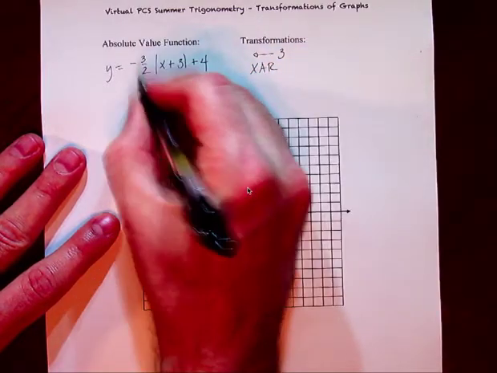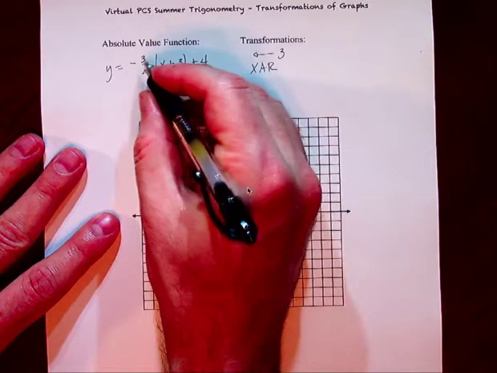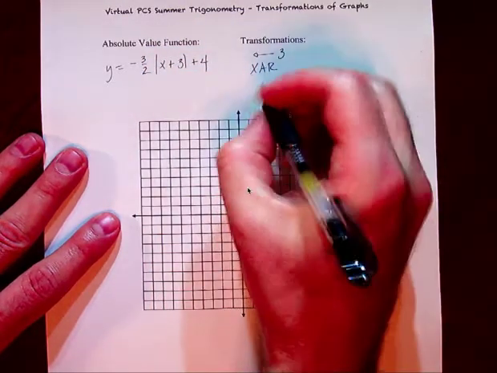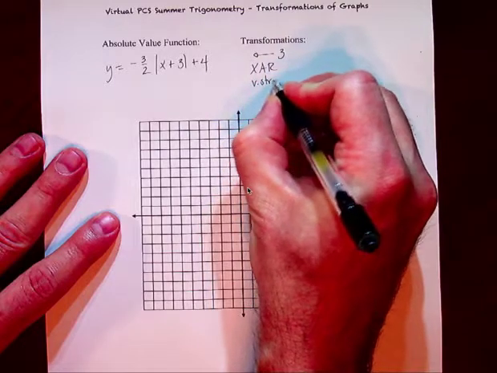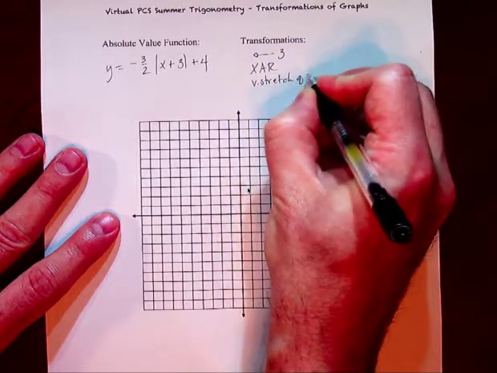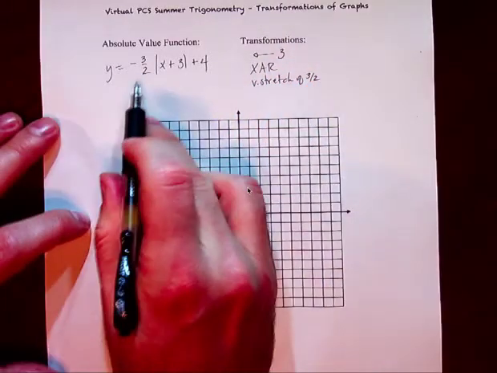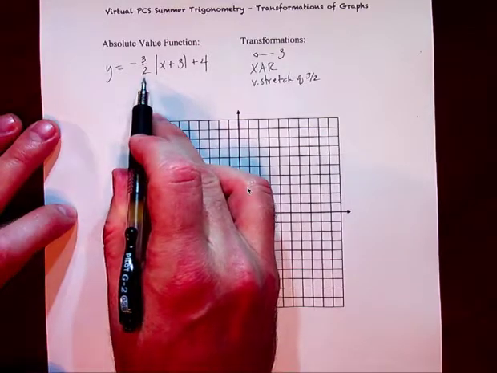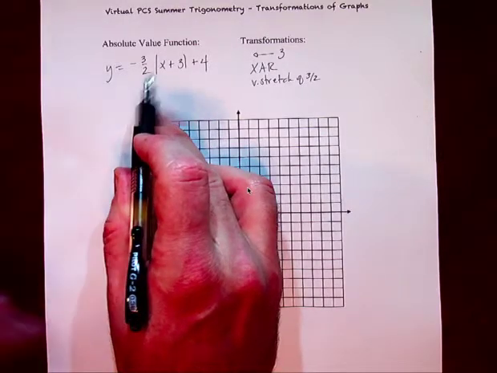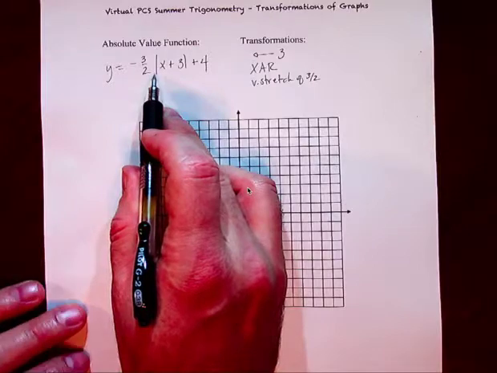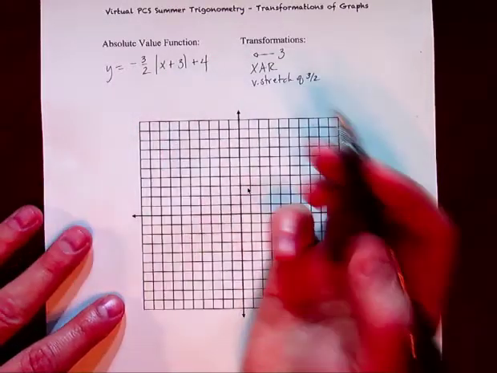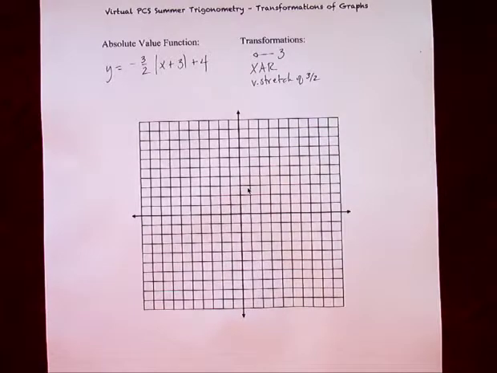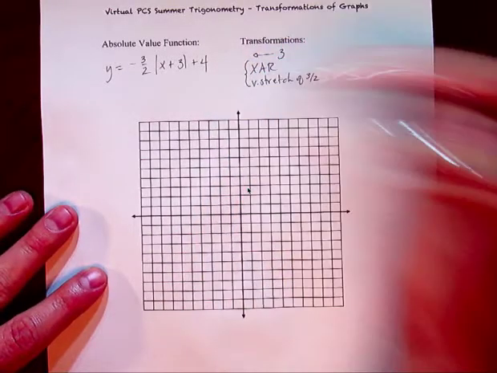The 3/2ness, however you want to say it, of our a value is going to give us a vertical stretch of 3/2. Because it is multiplication and it is after the named operation, meaning it's after the absolute value bars are applied, it is a change in shape on the output, and of course that accords with both of those.